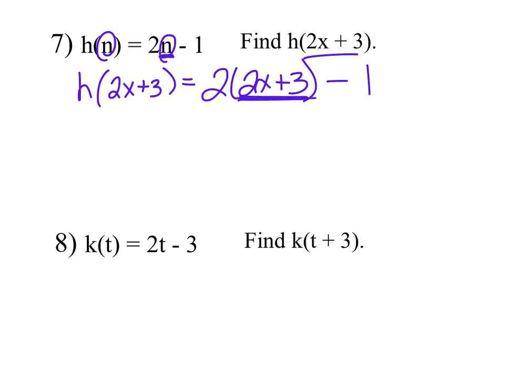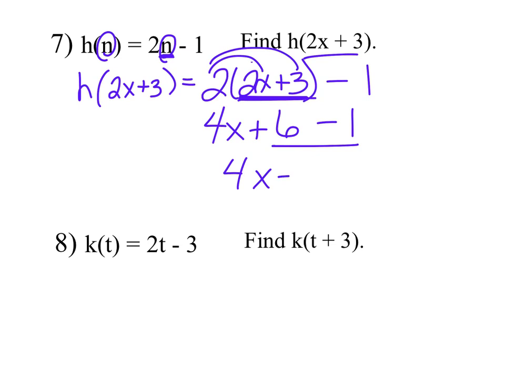We're plugging in right there. It's 2n minus 1. So hopefully it's not too confusing. And now you just simply do the math. I'm going to distribute this in. So it's 4x plus 6 minus 1. I just distributed there. And then 4x plus 6 minus 1, I can combine these two like terms. So it's 4x plus 5.